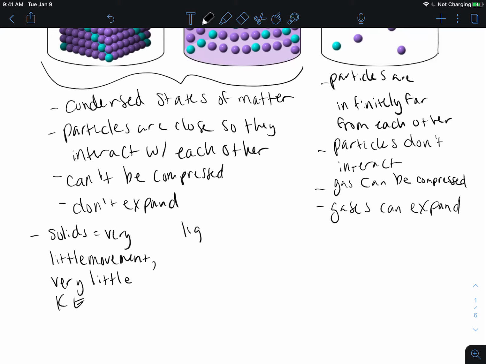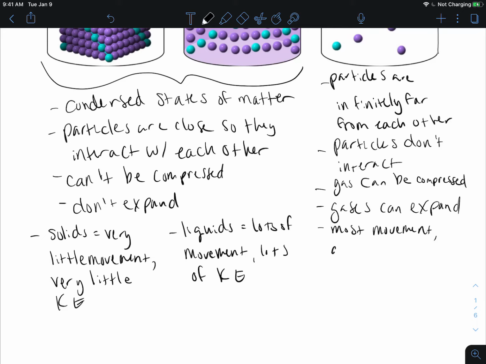Our liquids move a lot. Lots of movement and lots of kinetic energy. And then our gases have the most movement and the greatest kinetic energy of the three states of matter.